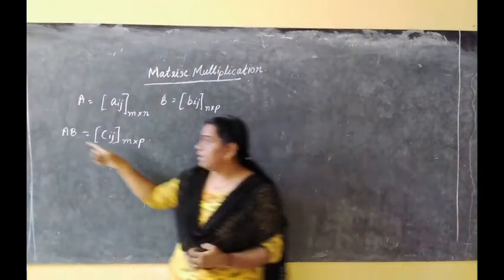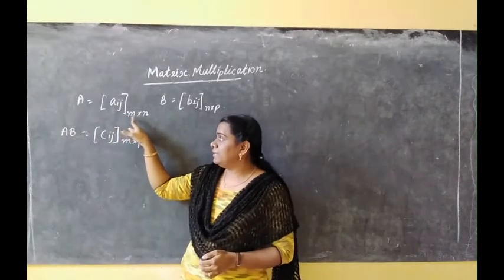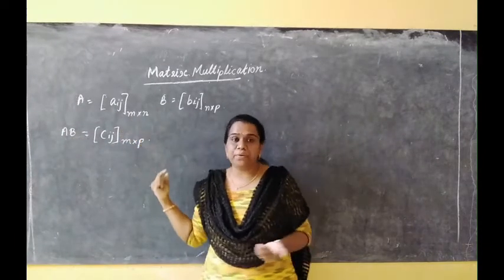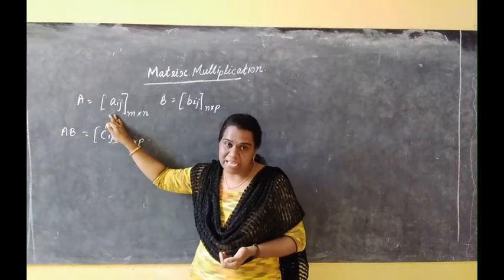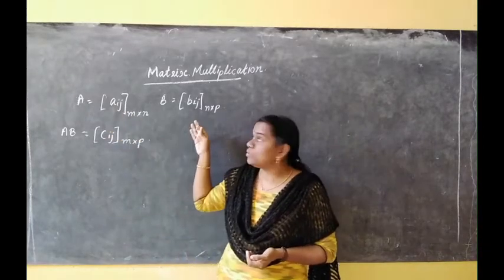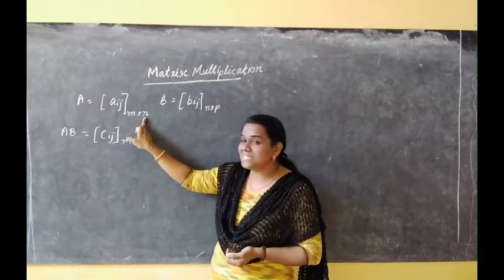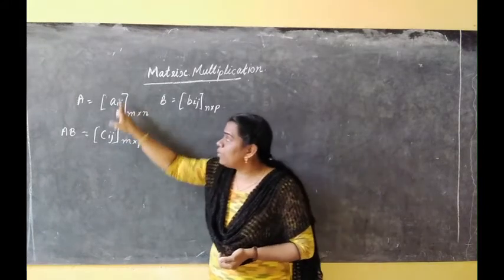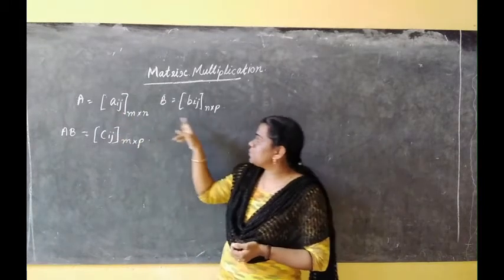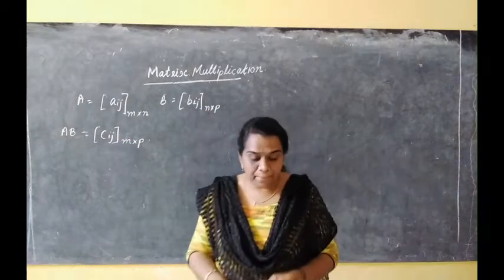When we multiply two matrices A and B, I have already told you that they can be of different order. But the condition is that the number of columns of matrix A must be equal to the number of rows of matrix B. Here the number of columns is n, and here the number of rows is n. Same. The number of columns of matrix A must be equal to the number of rows of matrix B. Then only we can multiply.